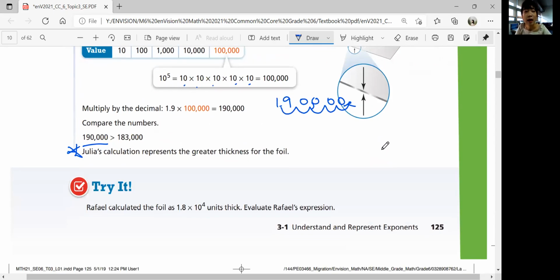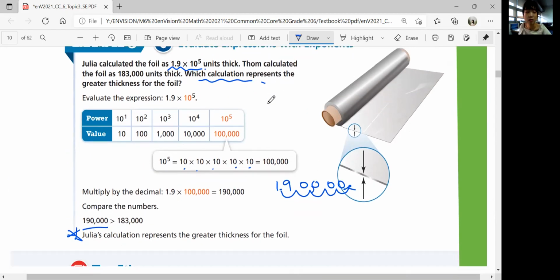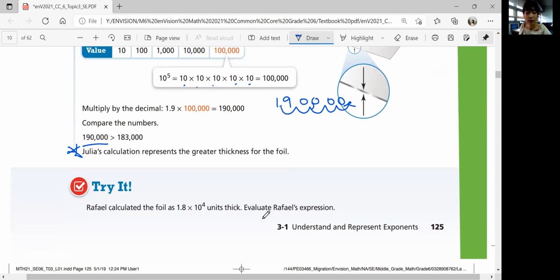Try it. Raphael calculated the foil as 1.8 times 10 to the 4 units thick. Evaluate Raphael's expression. So if they do not have questions like this, if they say evaluate, that is a number answer. Okay, that is only when you write the answer as the final answer. So let's evaluate this number.